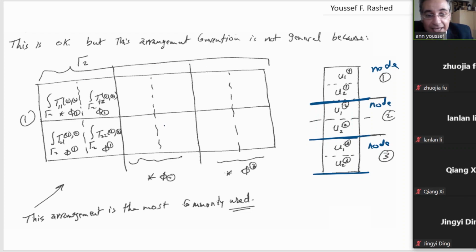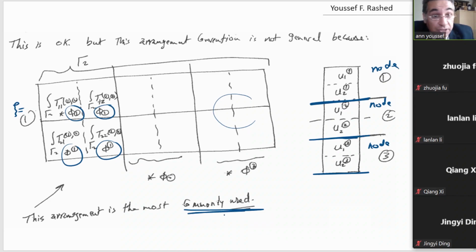So this is when we integrate from xi equal 1 to the second element, for example. So it is t11, t12, t21, t22 times phi1 in each entry. The same here, but times phi2. The same here, but times phi3, and so on. This arrangement is the most commonly used.